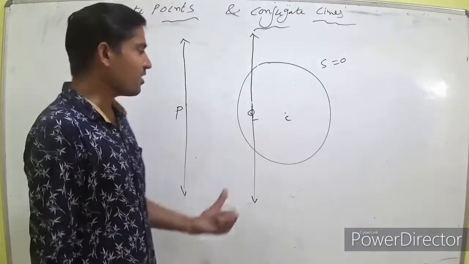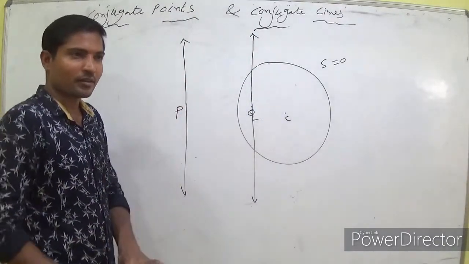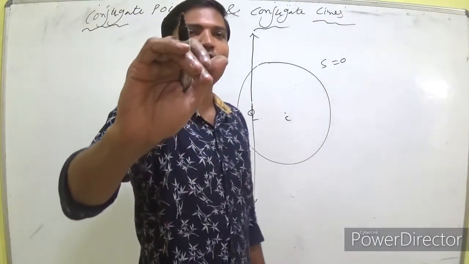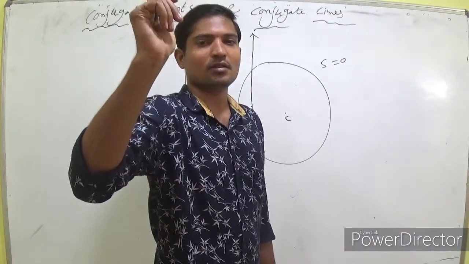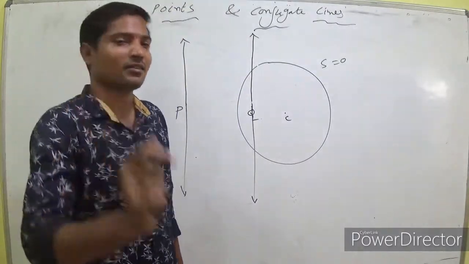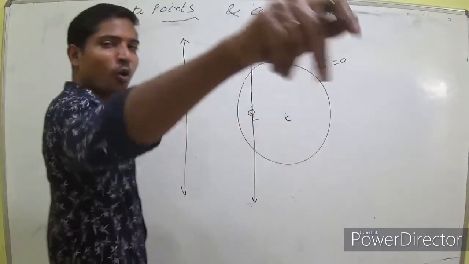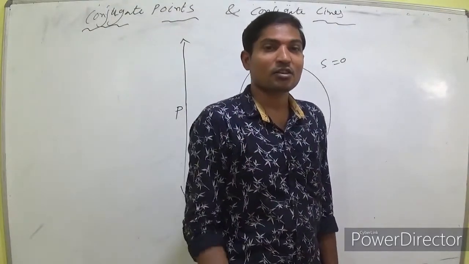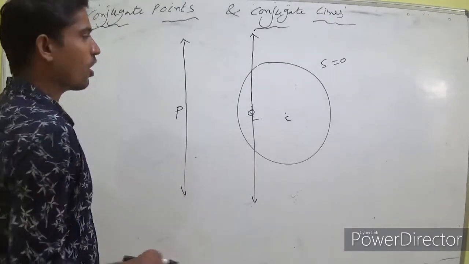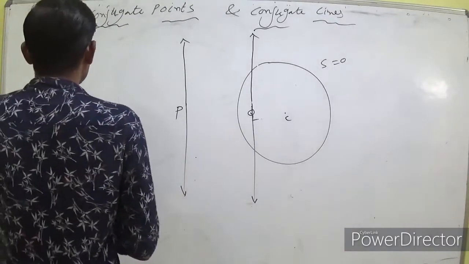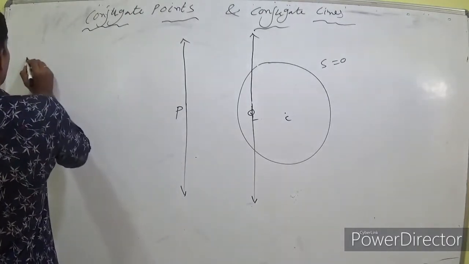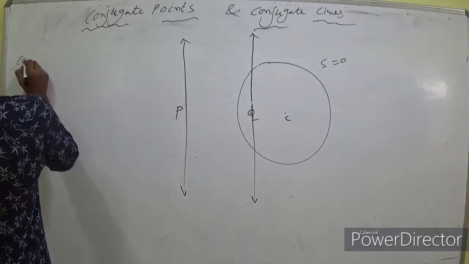The polar lies outside. Like that, P and Q are 2 points. So polar of either with respect to the circle passing through one another. Then those points are called conjugate points. If 2 points satisfy this, those points are called conjugate points.